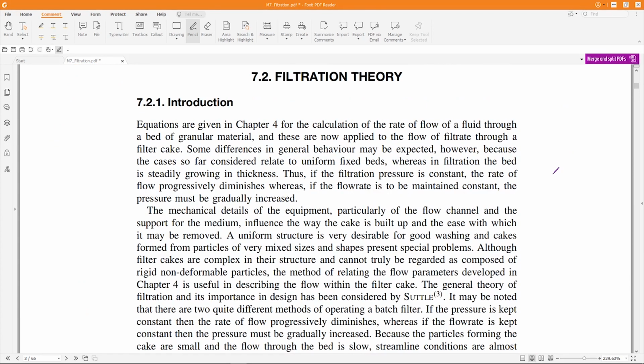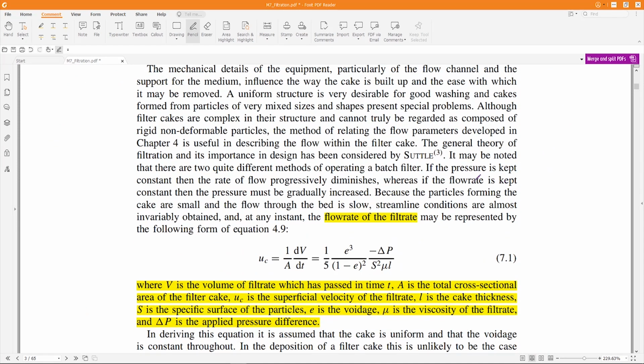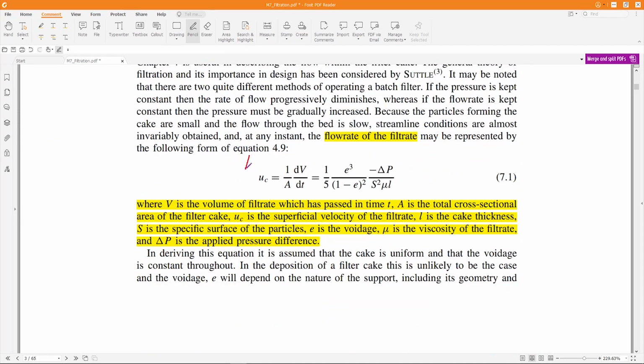So what is the filtration theory? You can see this equation. According to filtration theory, what is UC? UC is the superficial velocity of the filtrate. What do you mean by superficial velocity? If the fluid is freely flowing, then it is the velocity of the fluid, right?